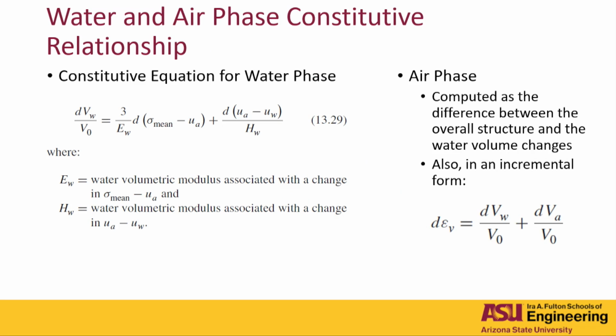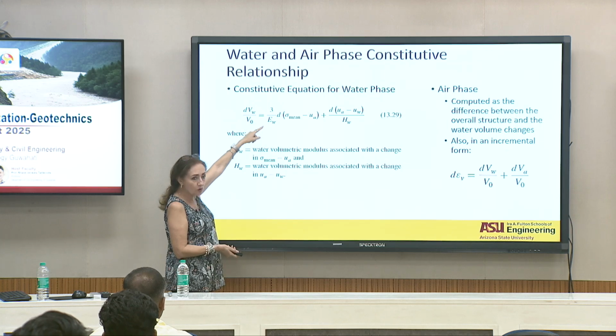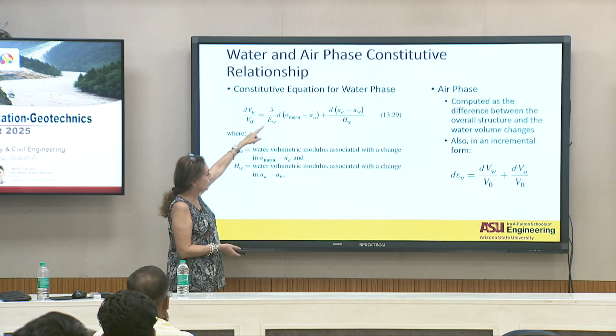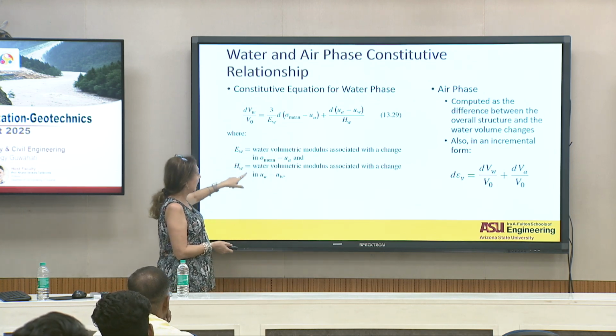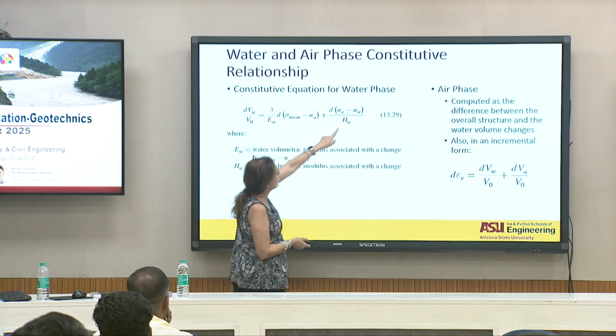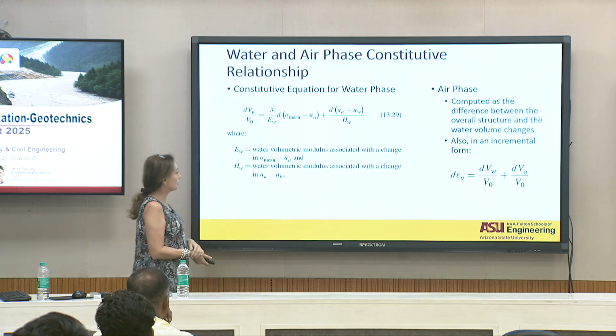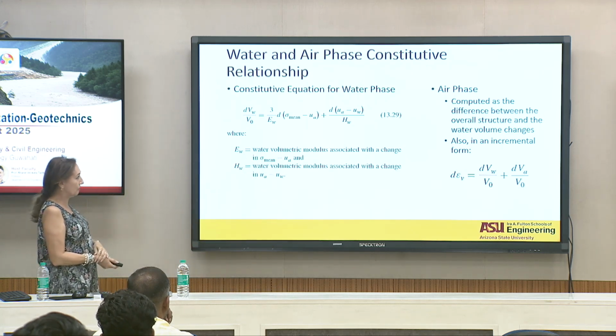The constitutive equation for the water phase is going to be the same equation, but now for the water phase, right? And in here it's going to be the water volumetric modulus that is associated with the change in the mean net normal stress, and this one is the water volumetric modulus associated with the change in suction, right?